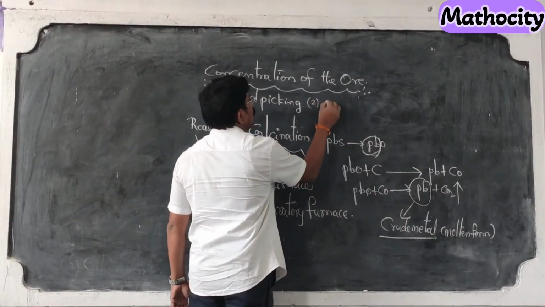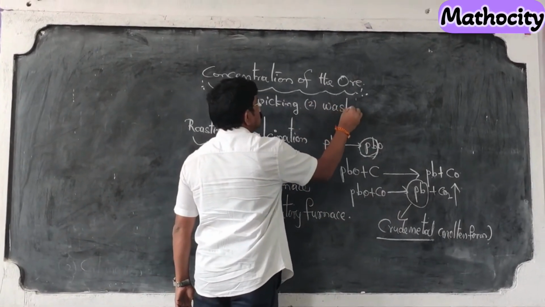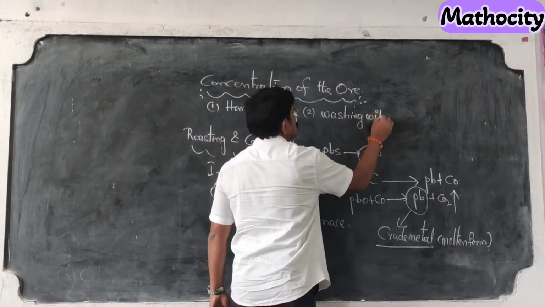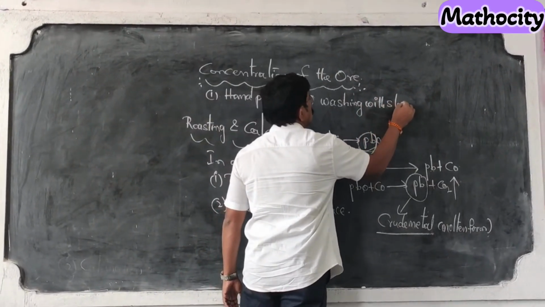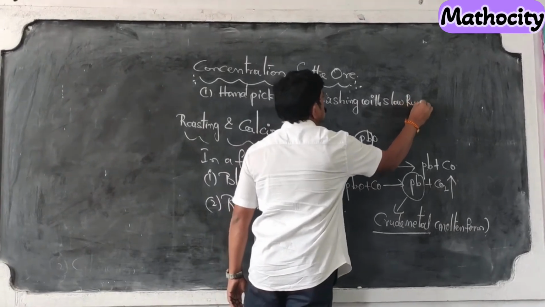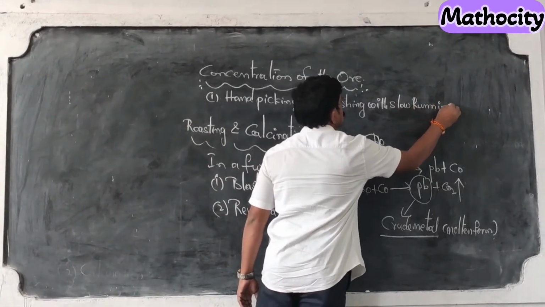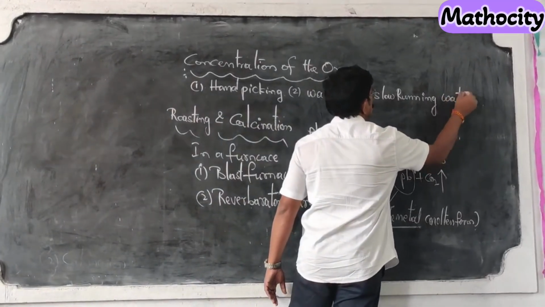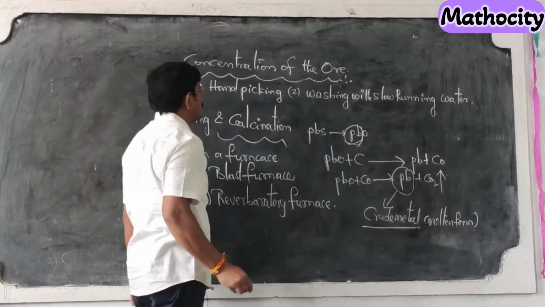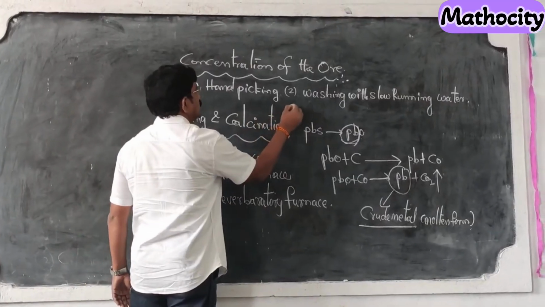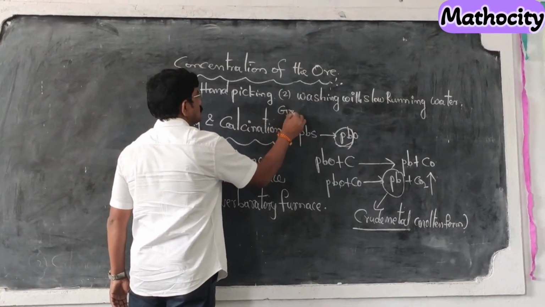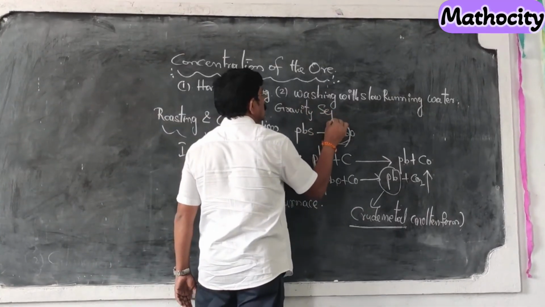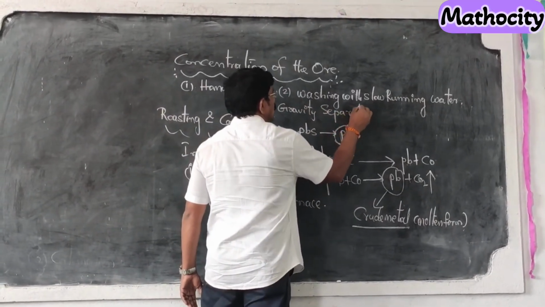Second, washing with slow running water, which is also known as gravity separation.